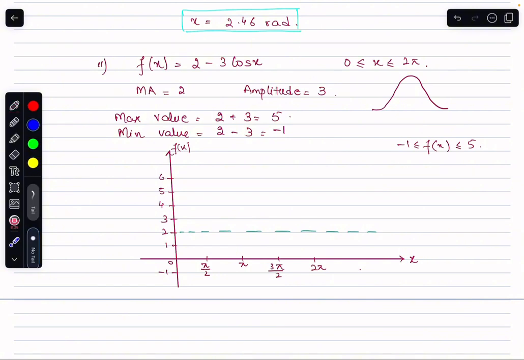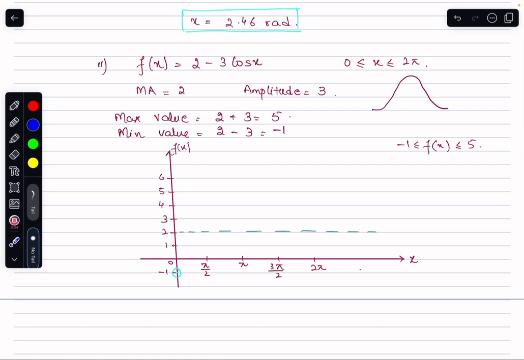That means in place of cos of 0, if I substitute a 1, this becomes 2 minus 3 times 1, that gives me 2 minus 3, and my answer here is going to be negative 1. So I'm just going to write the coordinates here. It's just a 3-mark question, and we need to sketch the graph and we need to save the time. Therefore, I'm just writing the values over here, which is negative 1.